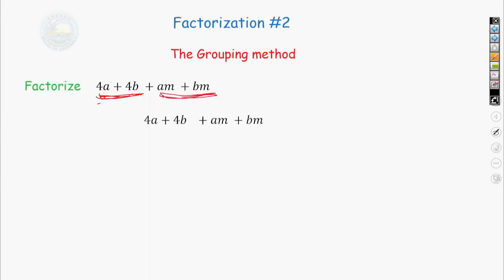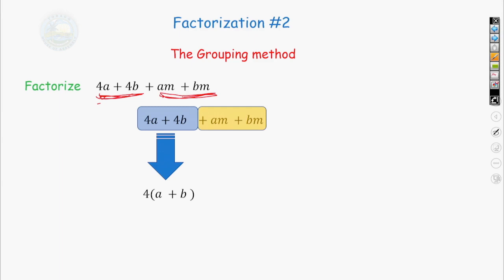So we group those that have a common factor. In this case, that common factor is 4. We utilize the same method again, factorizing using the distributive property. Since 4 is a common factor, we factor out the 4. It's the highest common factor here. So factoring out the 4, 4 times what is 4a and 4 times what is 4b. Similarly, we do it for the other pair as well.